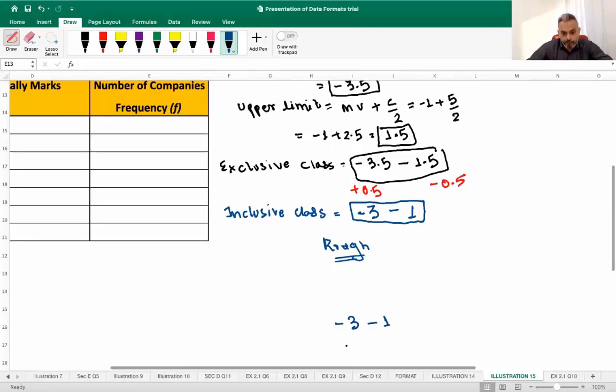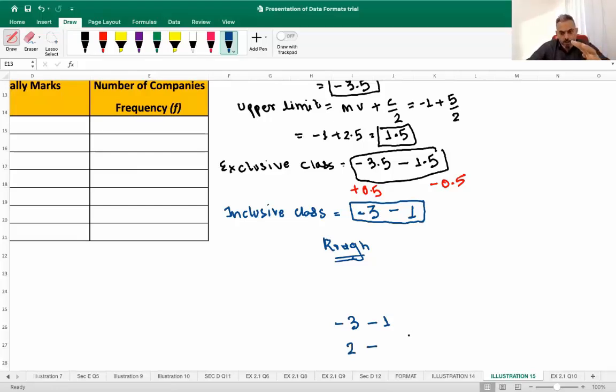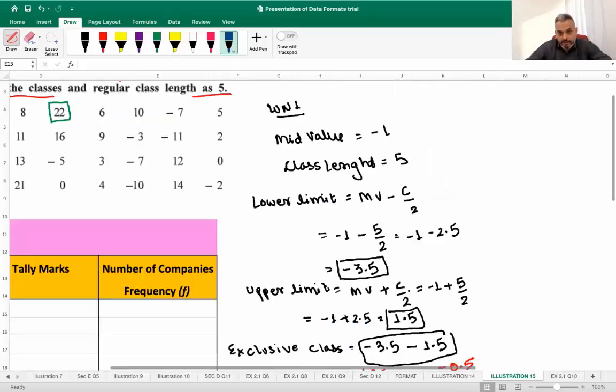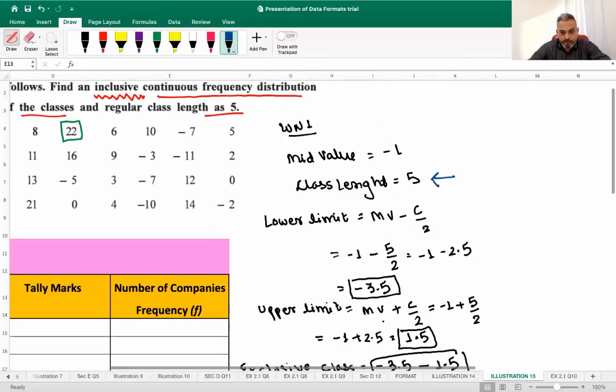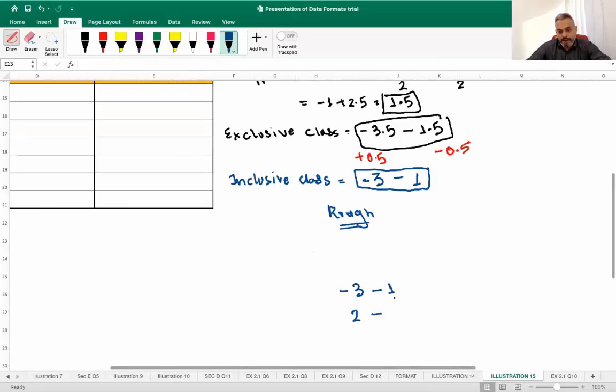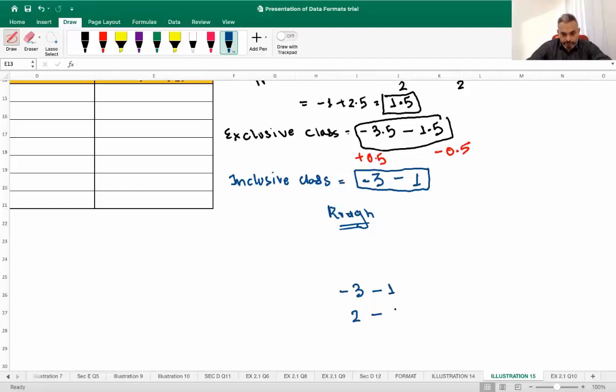Because it is inclusive, it will be 2. Minus 3, minus 2, minus 1, 0 and 1. 5 is the class length, already given. So we go 2 to 6, that is 2, 3, 4, 5 and 6. Then 7 to 11. That's how we go above.